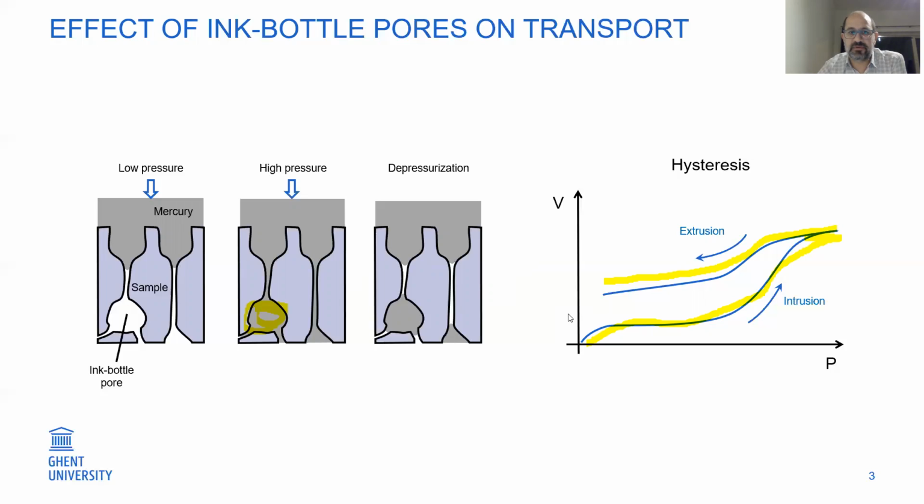But at this point, some mercury will remain trapped in the cavities of the material, and this is an irreversible process. That's why we have a difference between the two branches of intrusion and extrusion, corresponding to the volume of mercury that is permanently trapped in the material.